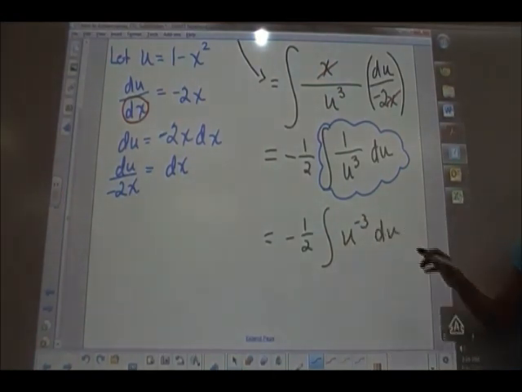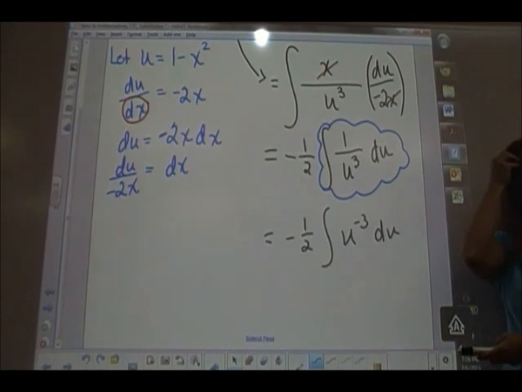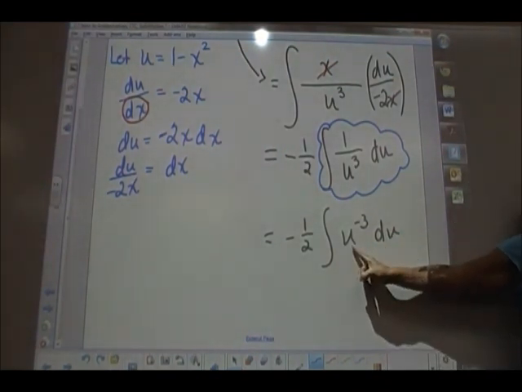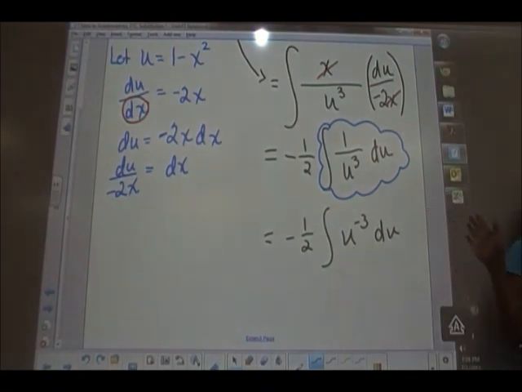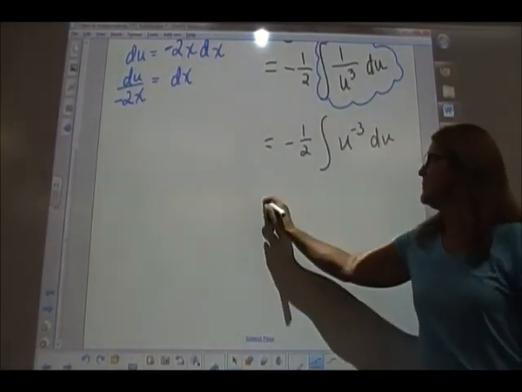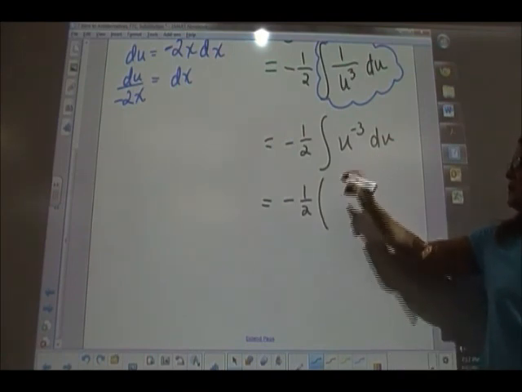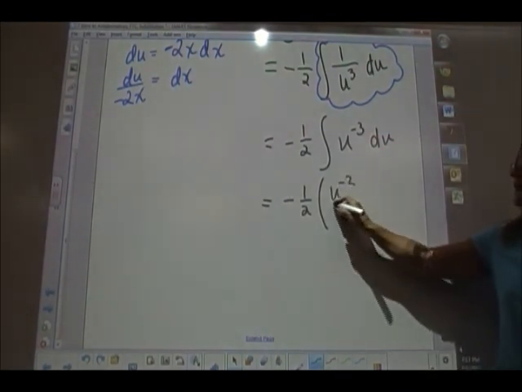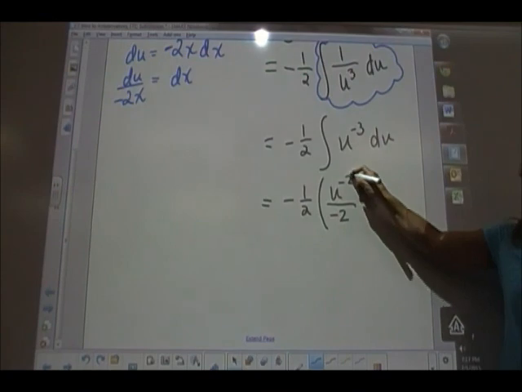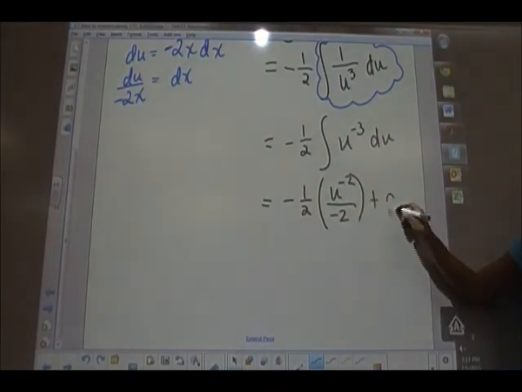Aha. So if you mentally imagined that these u's were x's, can we use the sheet now? Rule number 9, isn't it? Rule number 9. So this is negative 1/2 times u to the negative second over negative 2 plus c.